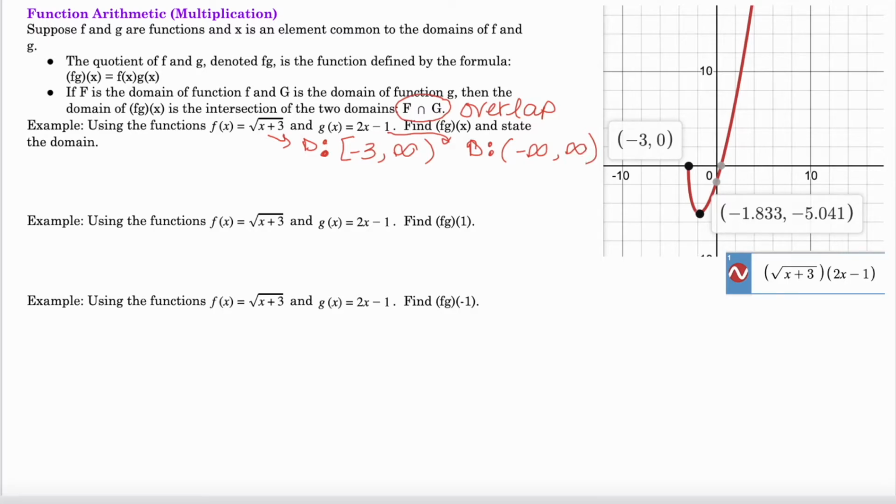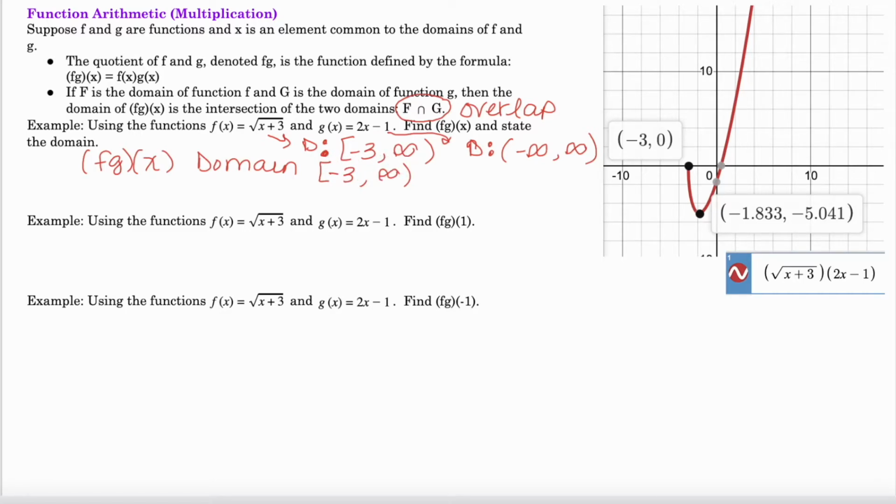So its overlap, so f times g of x, its domain will be the overlap, so the same as the adding of them, from negative 3 to positive infinity.